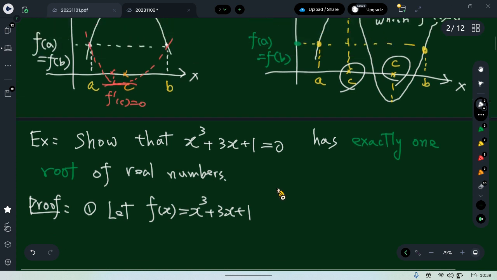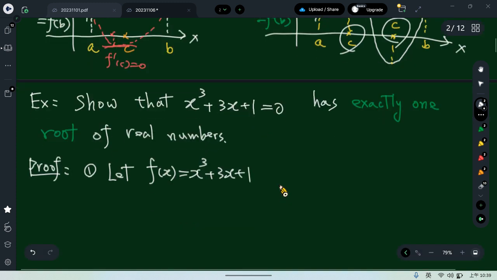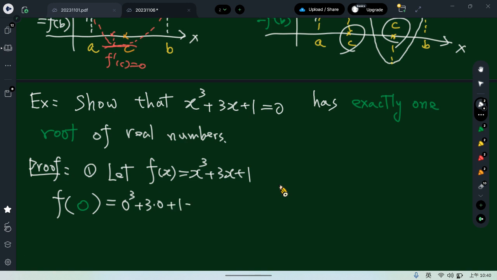Then we can see when we use f of 0, the function value is 0 plus 0 plus 1, so the answer is 1. Then we can also find f of minus 1.